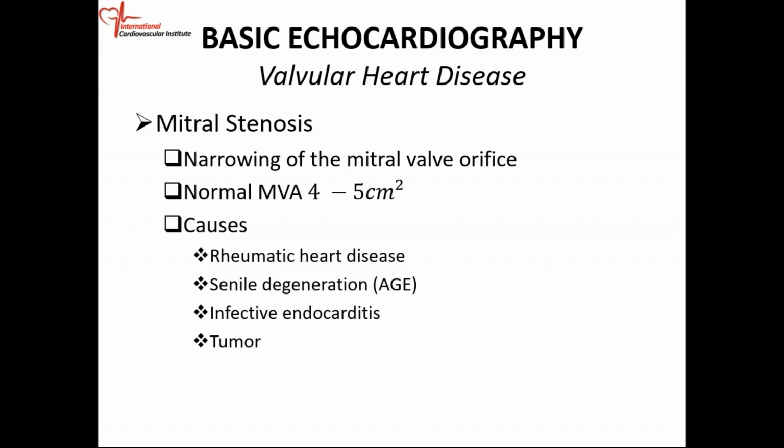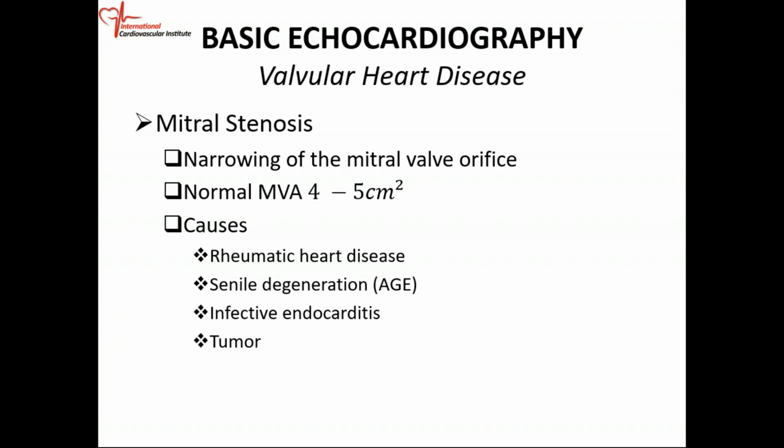And then tumor, myxoma in particular, can obstruct the mitral inflow. Imagine a mitral valve that's opening, and you have a myxoma that's trying to get out of the left atrium.